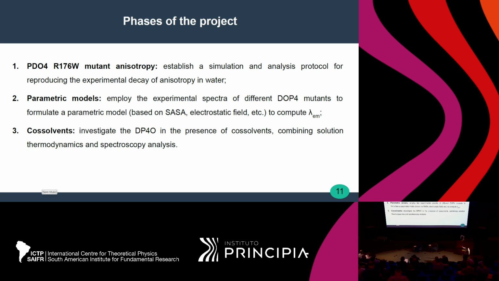In the second phase, we use parametric models to try to obtain the excitation and emission energies of different mutants. In the third phase, you want to include the protein in a more polar environment using co-solvents.